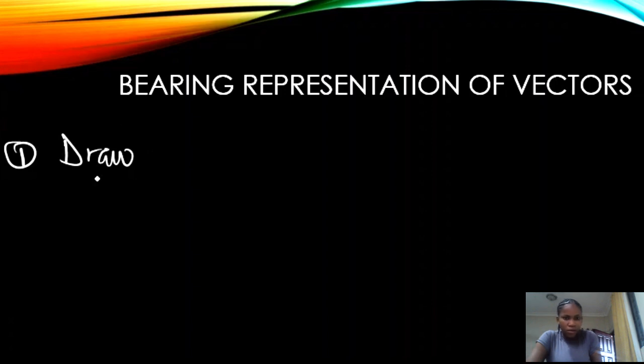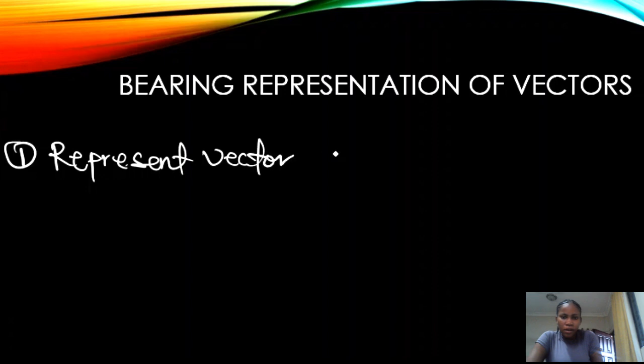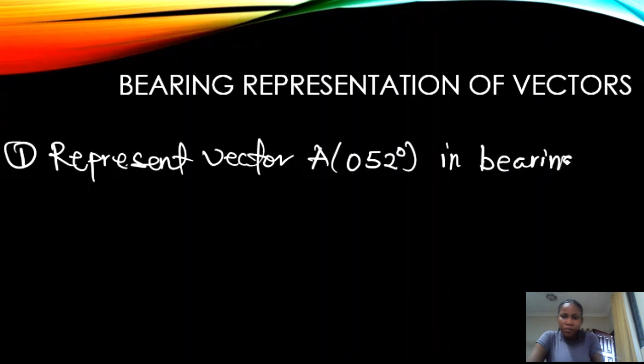Draw and represent vector A with a direction of 052 degrees in bearing form.